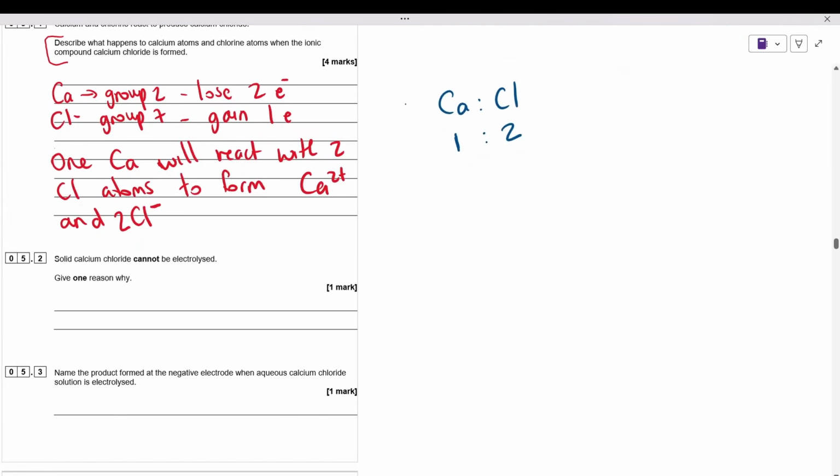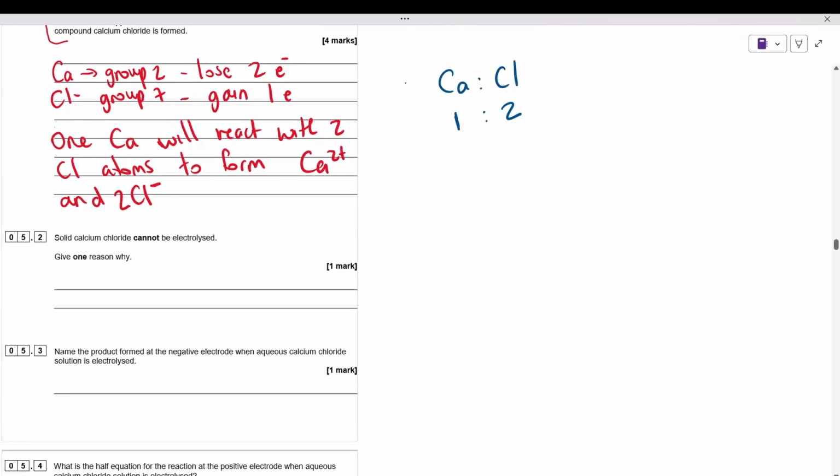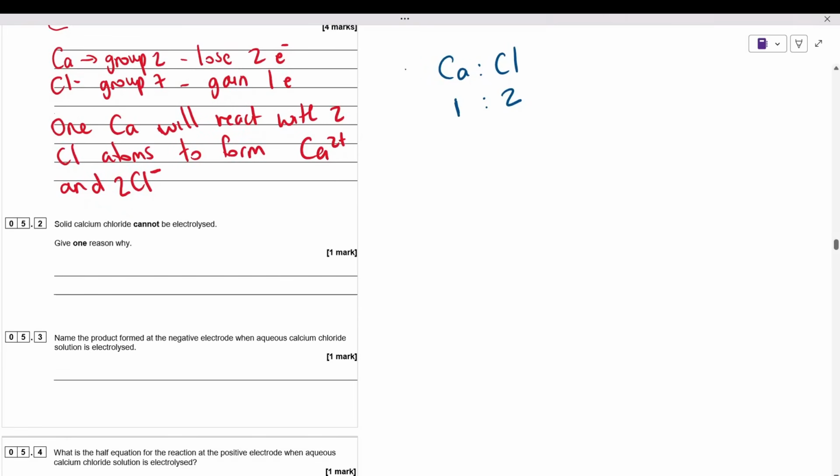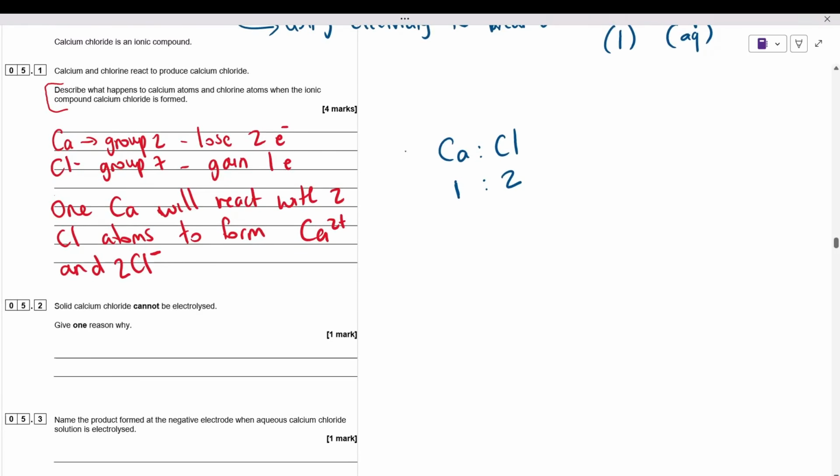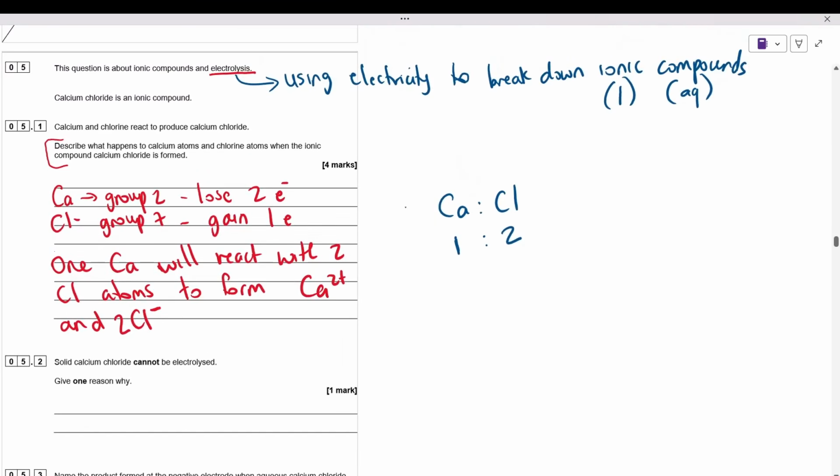Now for 5.2, solid calcium chloride cannot be electrolyzed. Remember, we said at the top that the ionic compound must be either liquid or aqueous. So why is it that the solid cannot conduct? That is because the ions cannot move. They're fixed in position.